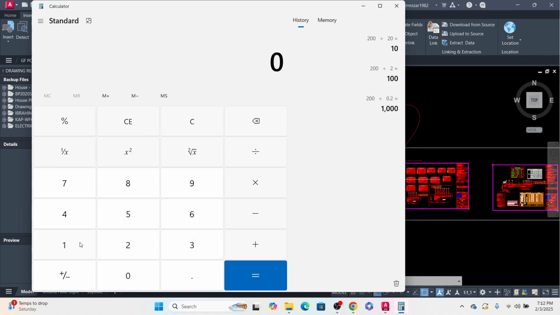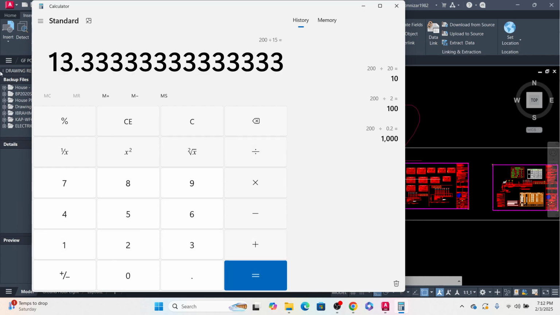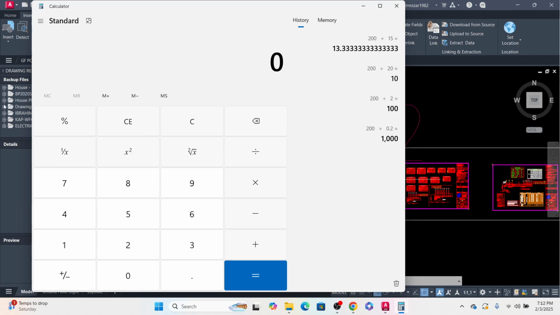Let's say you got 15. So you have to divide 200 by 15. That means your drawing is 13.33 scale. So like that you can find your scale. If you want to know the scale, you can make it like this.